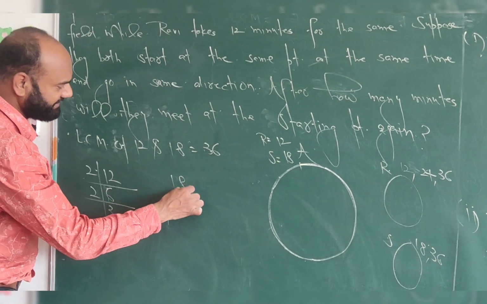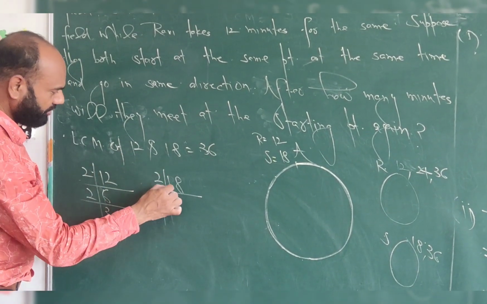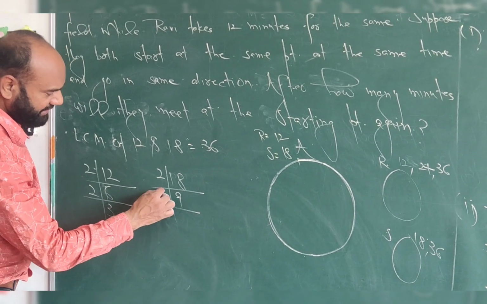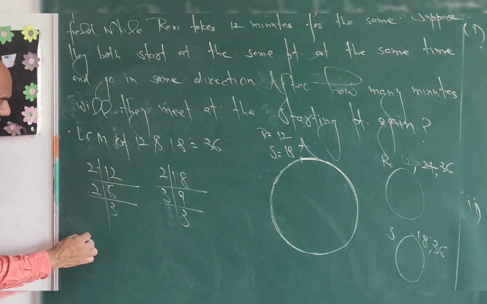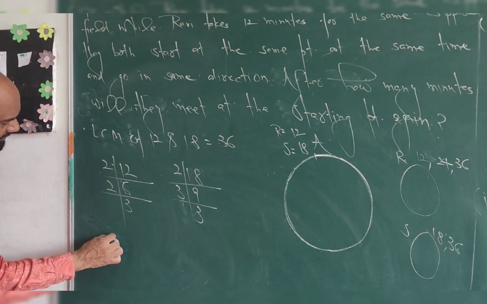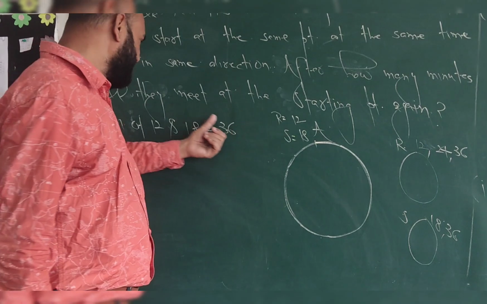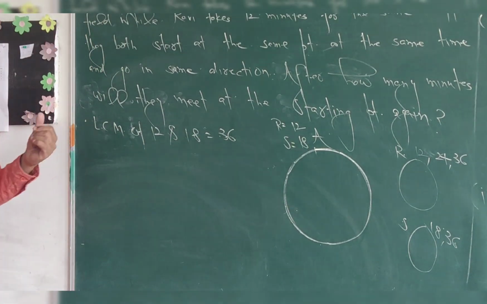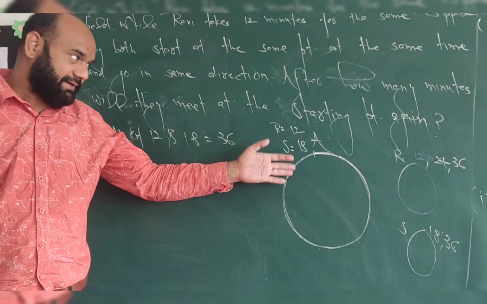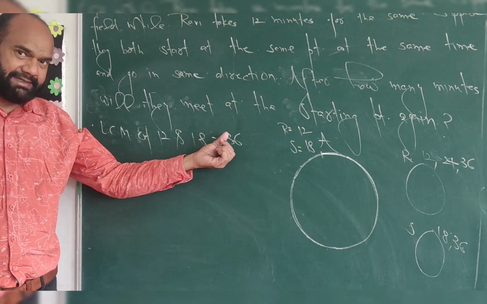Next, the prime factorization of 18: this is 2, so this is 9, this is also 3 and this is 3. So its LCM... a question of this type is directly found with the help of the LCM of the given two numbers, because the LCM of 12 and 18 is 36.